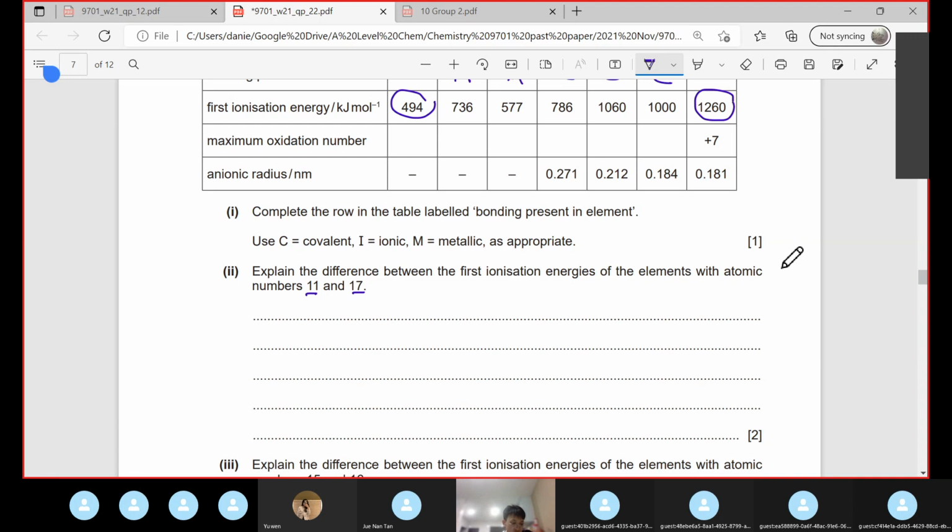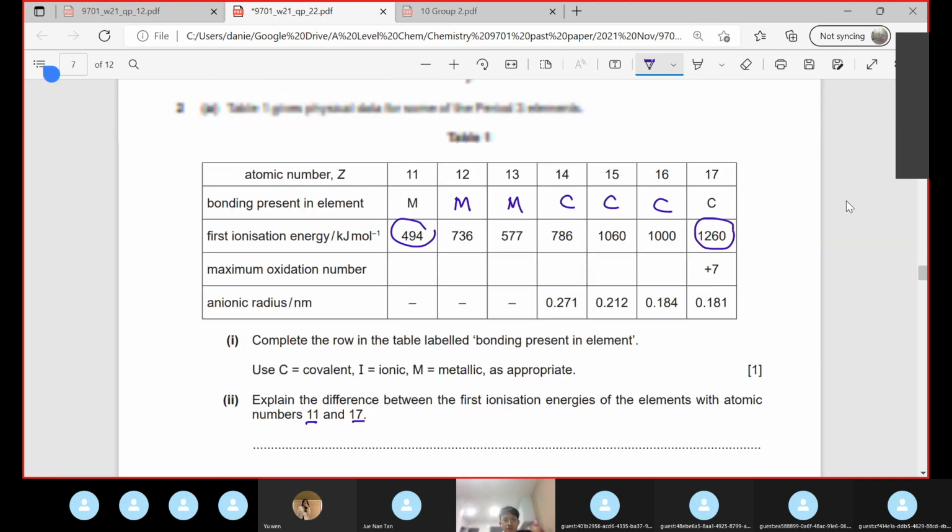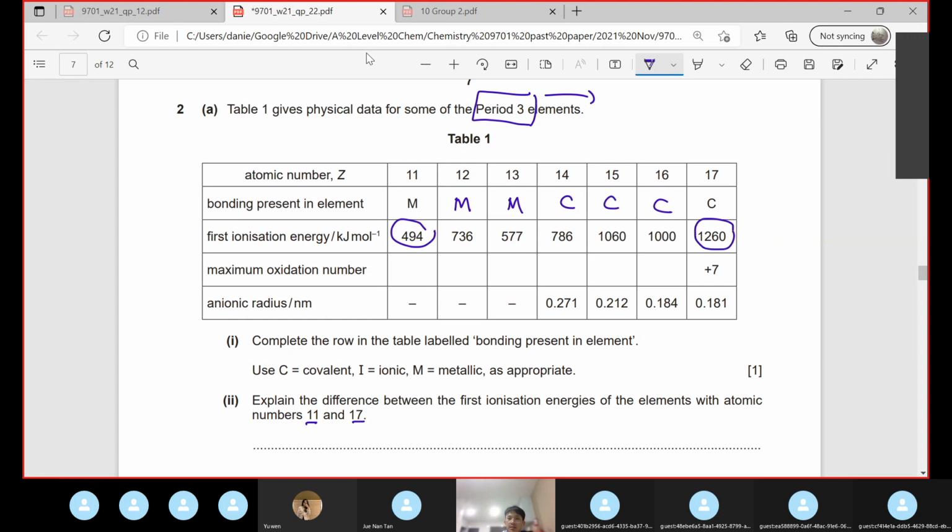So explain the difference. From 11 to 17, they are in the same period. Same period means same number of shells. When they have the same number of shells, they are going to have the same shielding effect or screening effect.